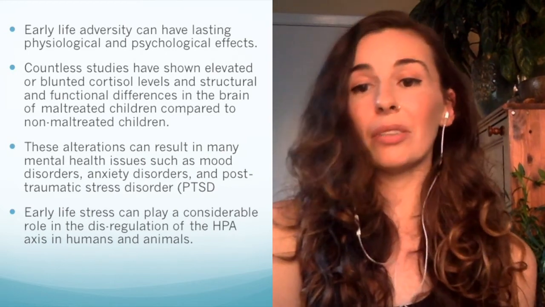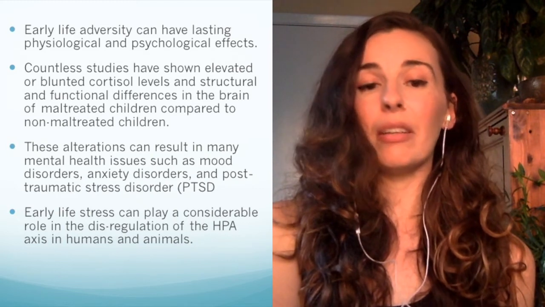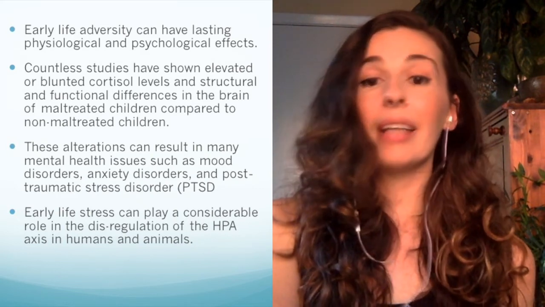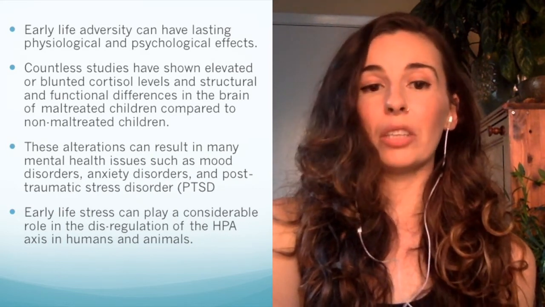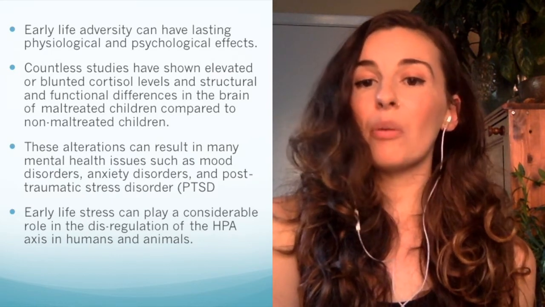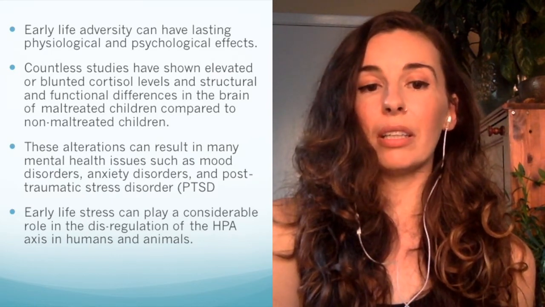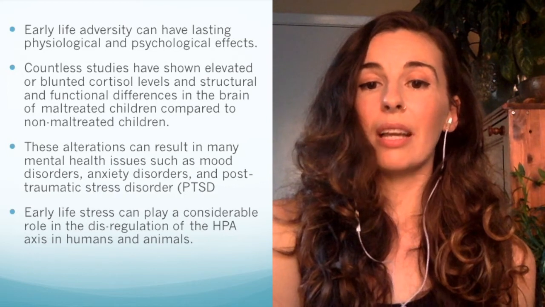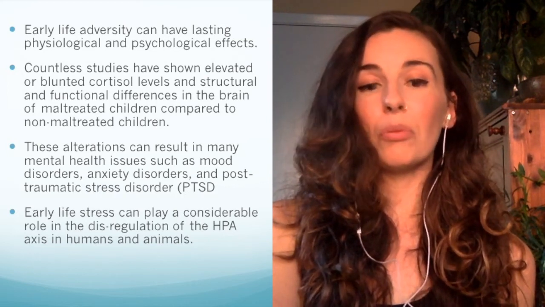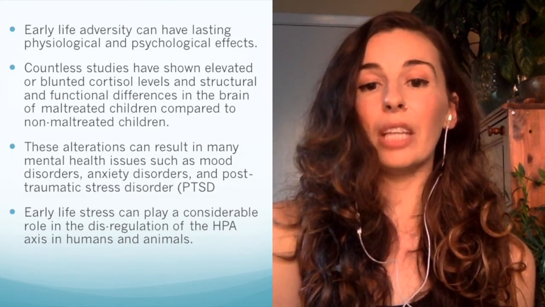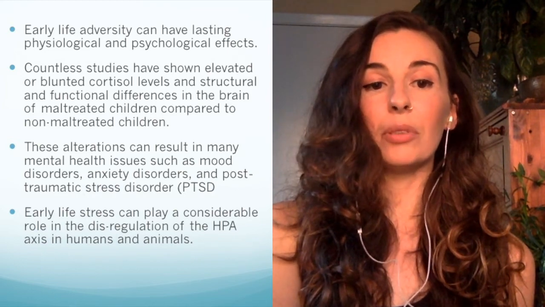These alterations can result in many mental health issues such as mood disorders, anxiety disorders, and post-traumatic stress disorder. It's clear that while genetics can have an influence on an individual's level of resilience, early life stress can play a considerable role in the dysregulation of the HPA axis in humans and animals.